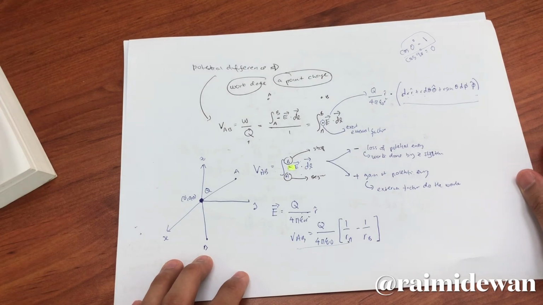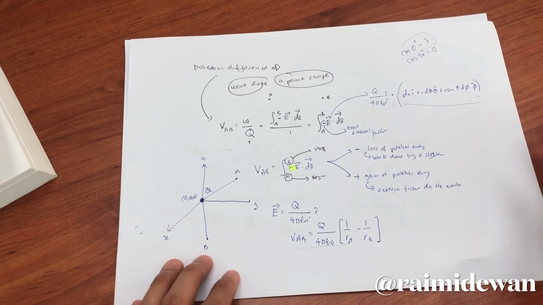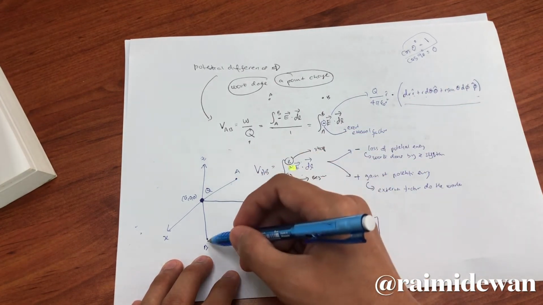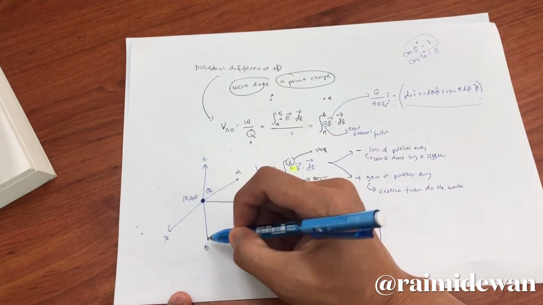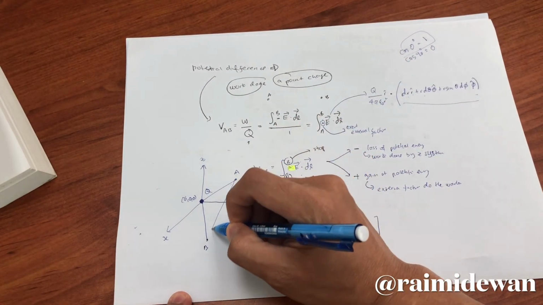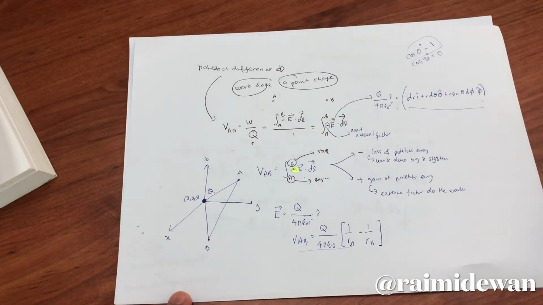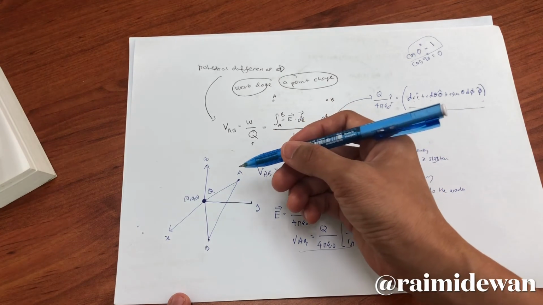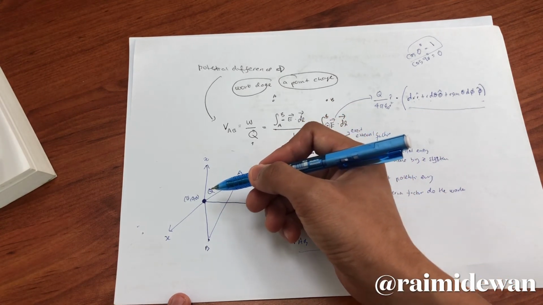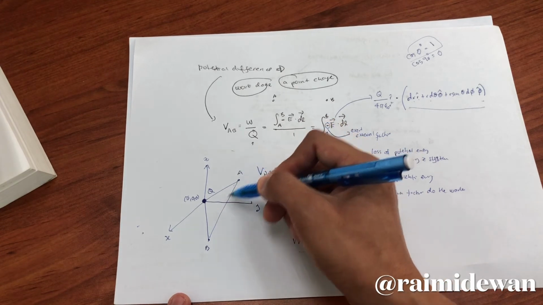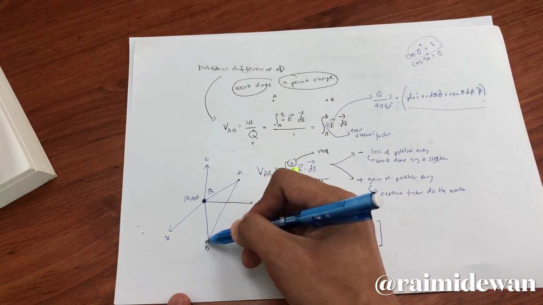the question is asking the potential difference from point A to point B. So from here to here, you can move from A to B using this path.